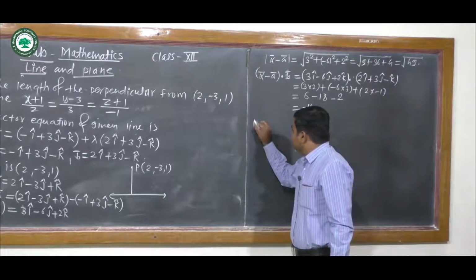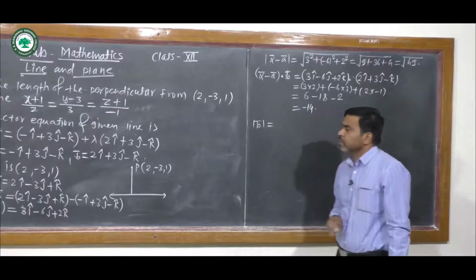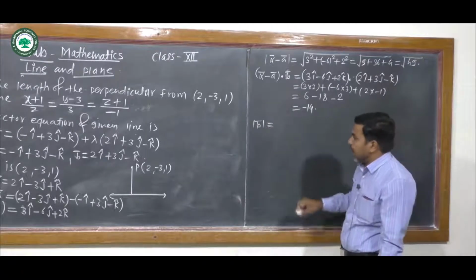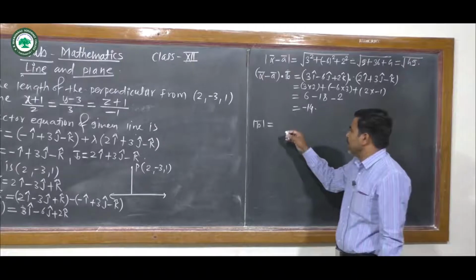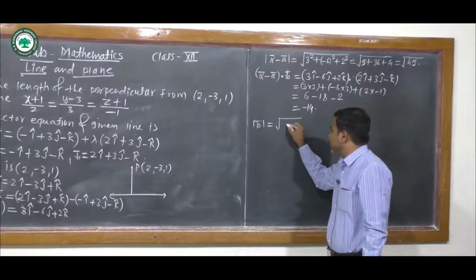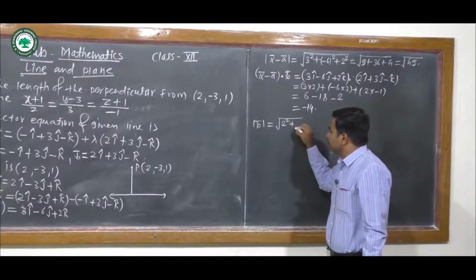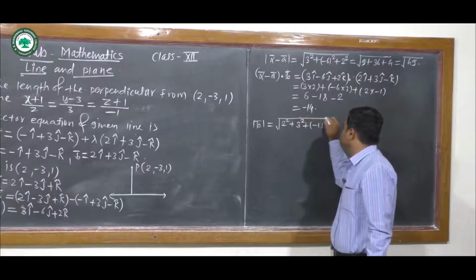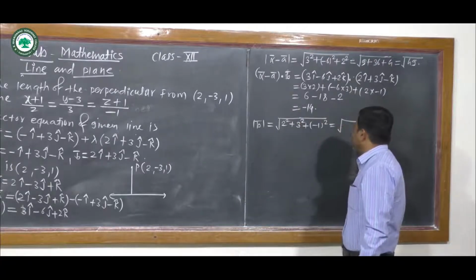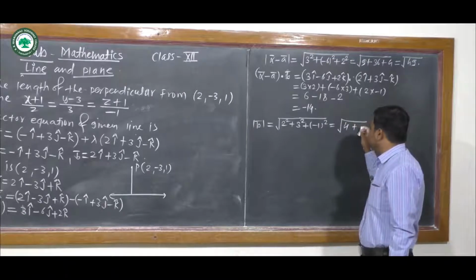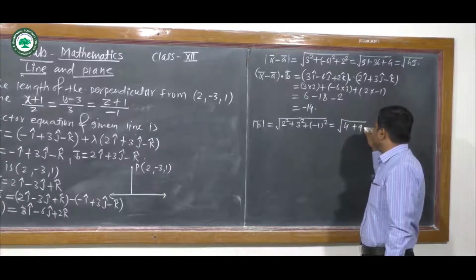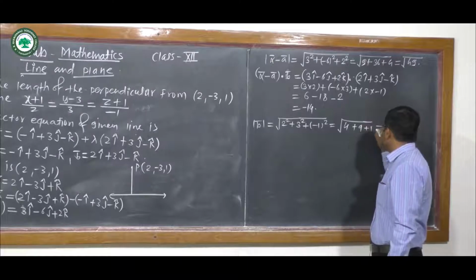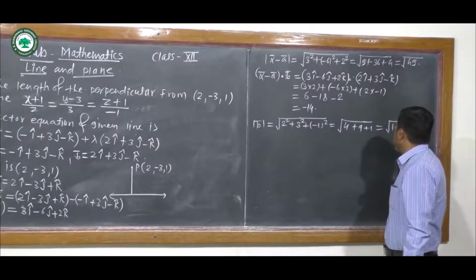Now the magnitude of vector B, where vector B is 2i cap plus 3j cap minus k cap, is the square root of 2 square plus 3 square plus minus 1 square. So it is equal to the square root of 4 plus 9 plus 1, which is the square root of 14.